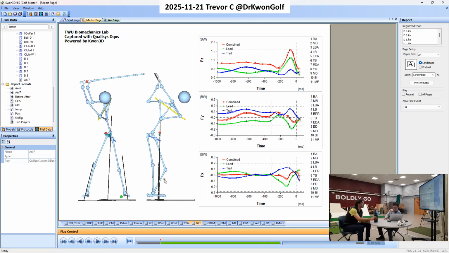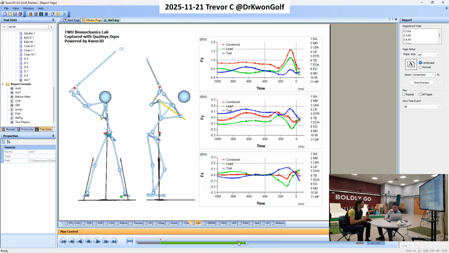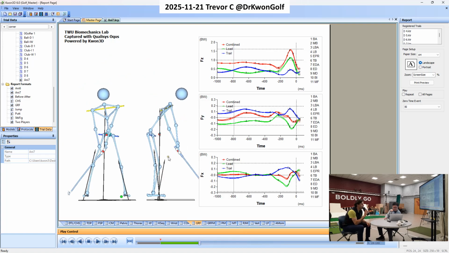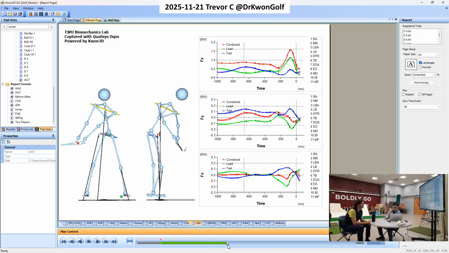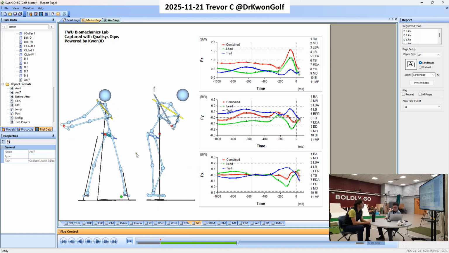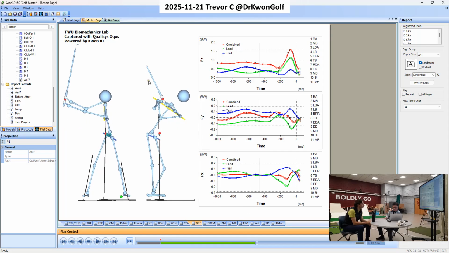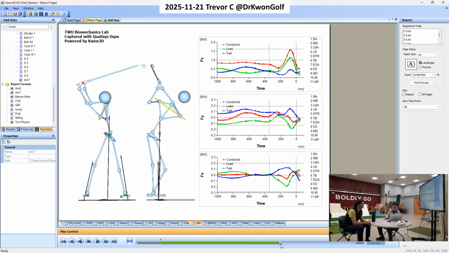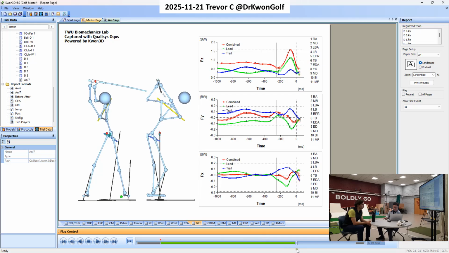When you start the backswing, we have a little bit of separation between the two arrows in the lateral view, so you have a forward backward component. But once you go to this position, it is zero. Then pretty much you're lifting the arms and club up to this point, and then starting all over again.